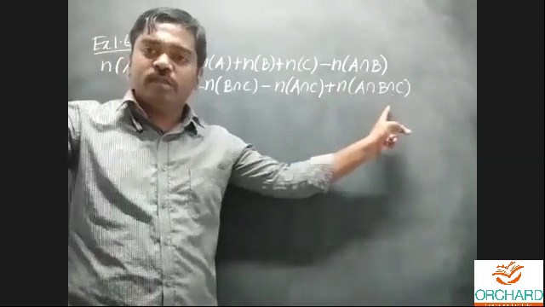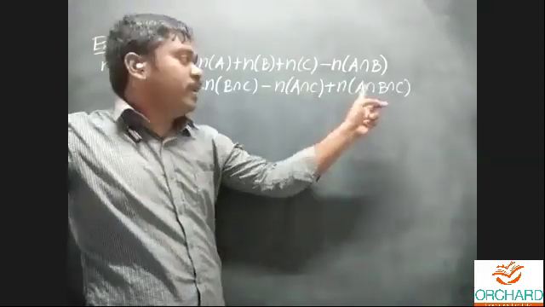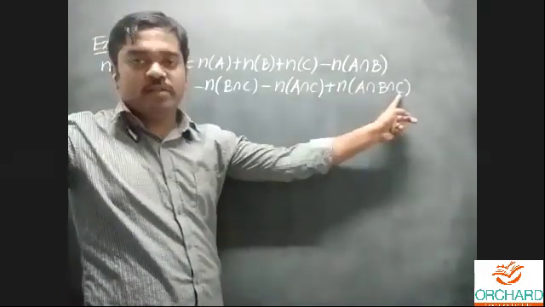The intersection between the three sets is addition. N of A intersection B intersection C, that is plus.